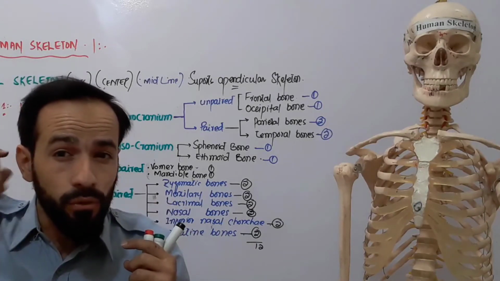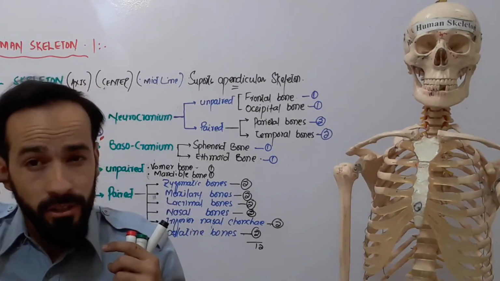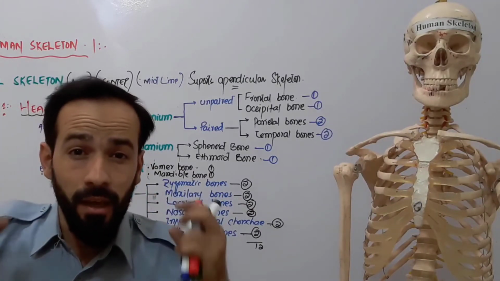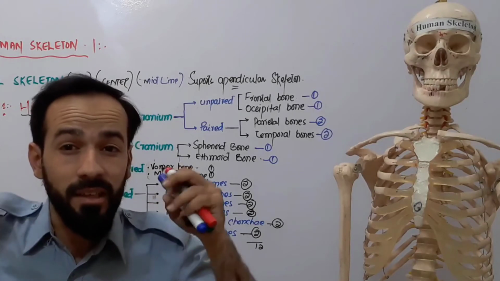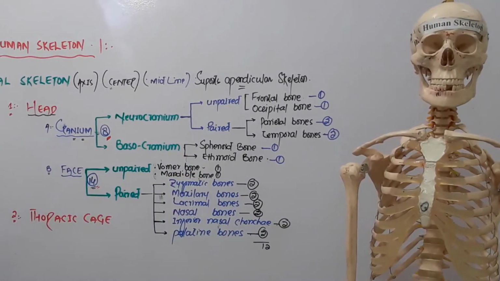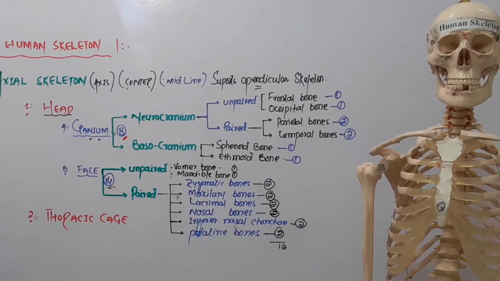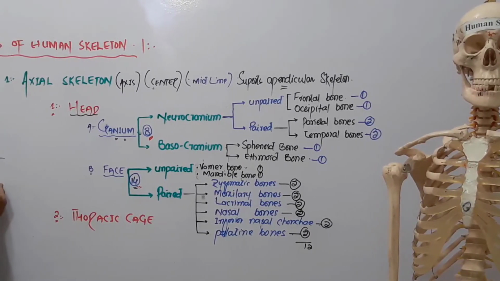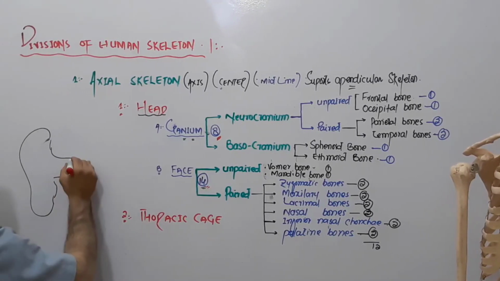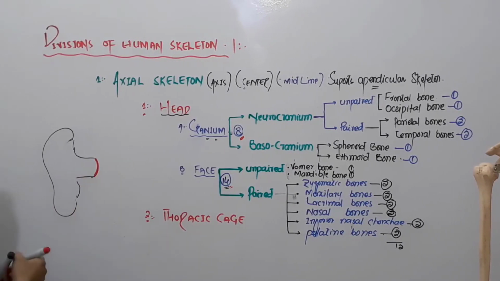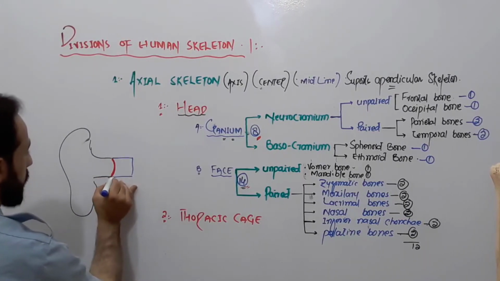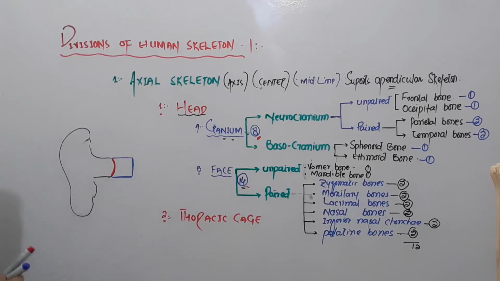Three small bones are present in your right ear and 3 small bones are present in your left ear. So we say how many total ear ossicles? 6 ear ossicles. If I draw the diagram here, if this is your outer ear, then this is the external acoustic meatus, and then here is your ear drum or tympanic membrane, and you know that there is a room like part of the bone of your ear.